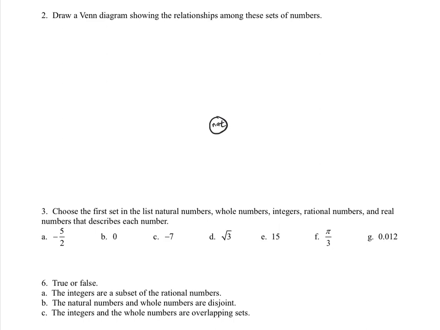But you'll notice that the whole numbers include all of the natural numbers. It just adds one extra number to it, the 0. So we've got the whole numbers like this. And so just by looking at this beginning diagram, all the natural numbers are whole numbers.